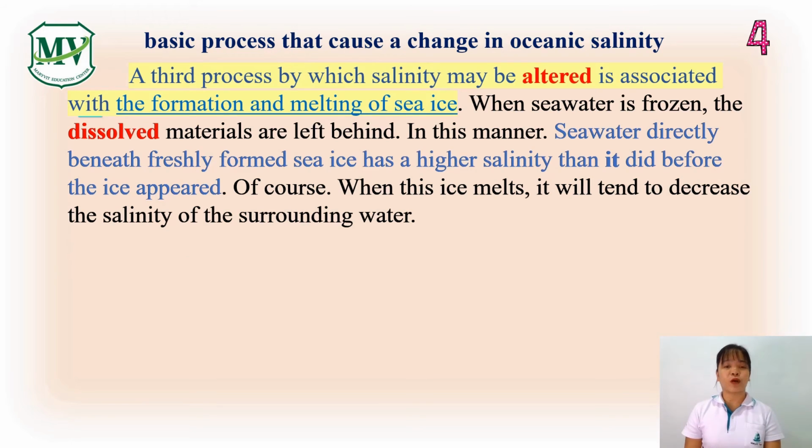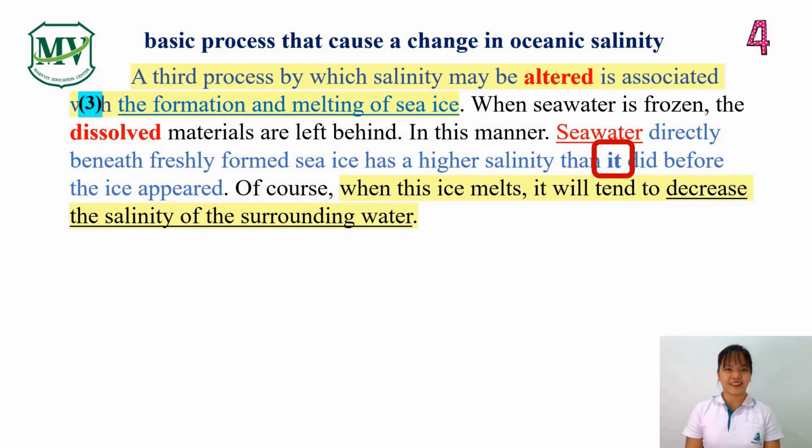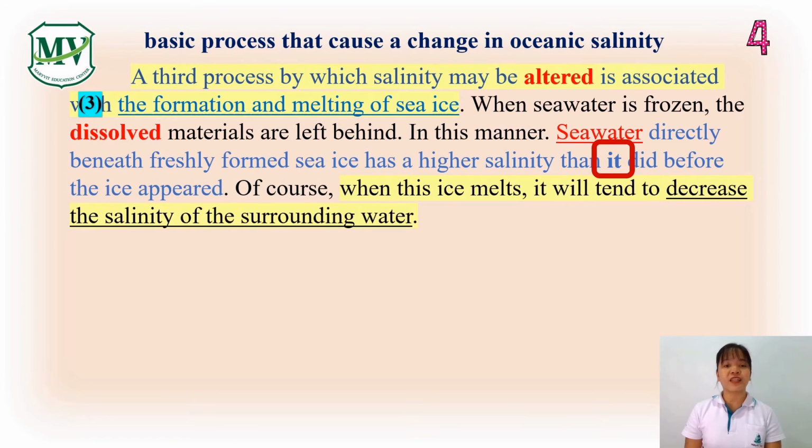And the seawater directly beneath freshly formed sea ice has a higher salinity than it did before the ice appeared. And it here refers to, yes, the sea water. Take note of this, that when the ice forms, it has a higher salinity, but when the ice melts, it decreases the salinity of the surrounding water.